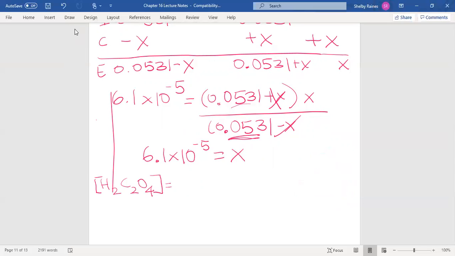Okay, so from our first ice table, we had 0.1 as our initial concentration and minus X, and X was 0.0531.